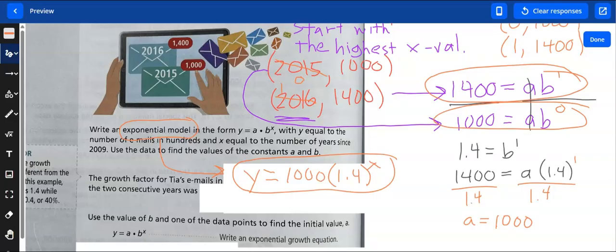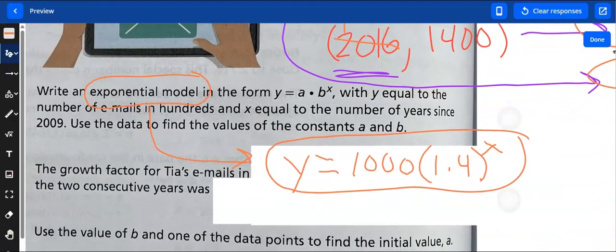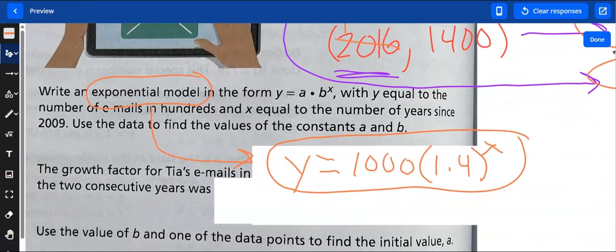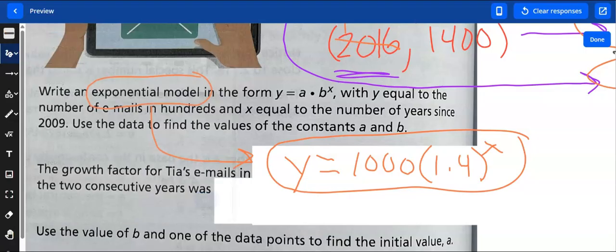Now, I just noticed something. There's a slight problem with what I did. But I'm going to make an adjustment here, folks. We did it since the year 2015.